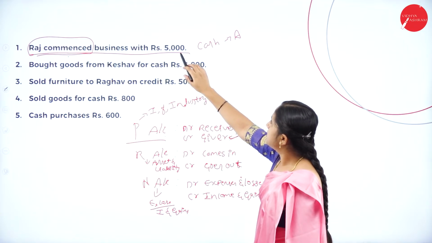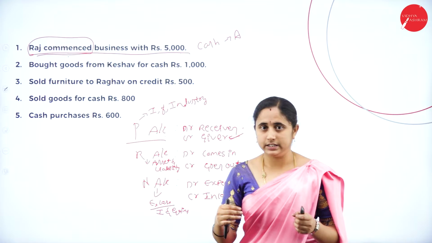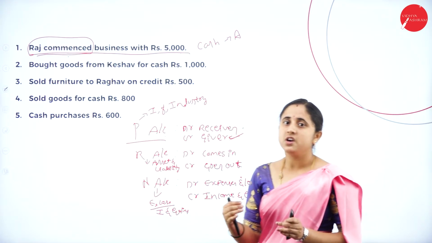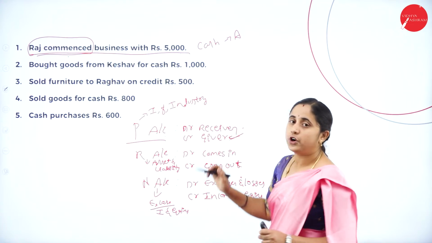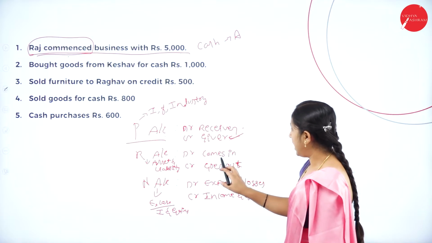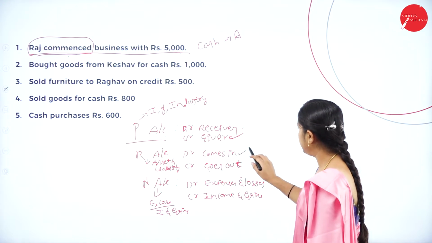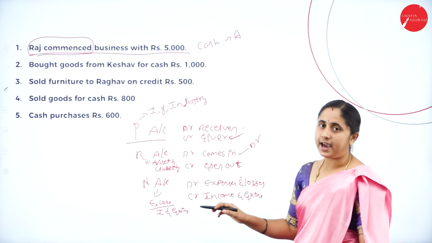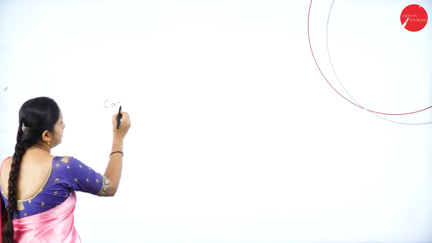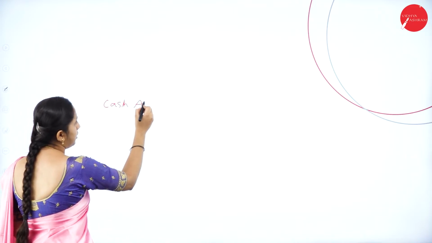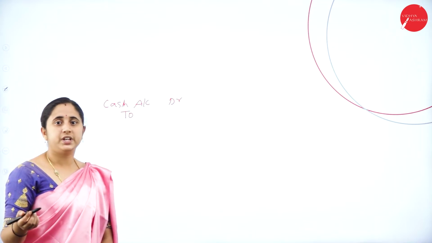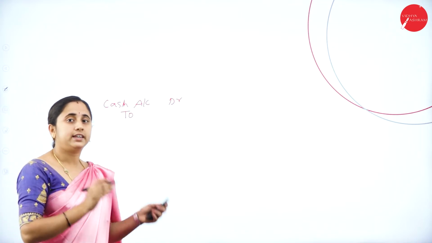And for the business, cash is coming in. He is giving cash to start the business, so cash is coming in for the business. Cash is a real account. Cash comes in, so you need to debit the cash. Cash account debit to capital account, since Raj is bringing cash as capital.